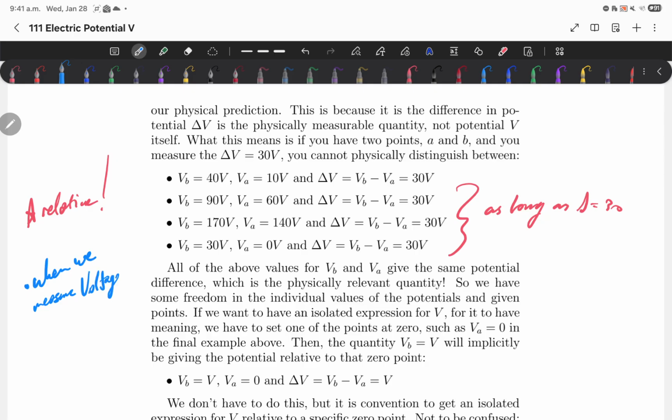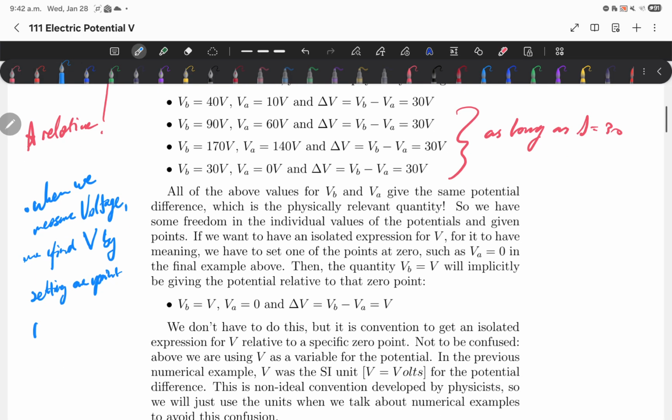So essentially, with zero pointing, it's the delta V that's the physically relevant quantity. We want to isolate for V, so we set one of the ends equal to 0. So what we typically do, as I said, is set VB equal to V. That's the expression we want to find for our potential.